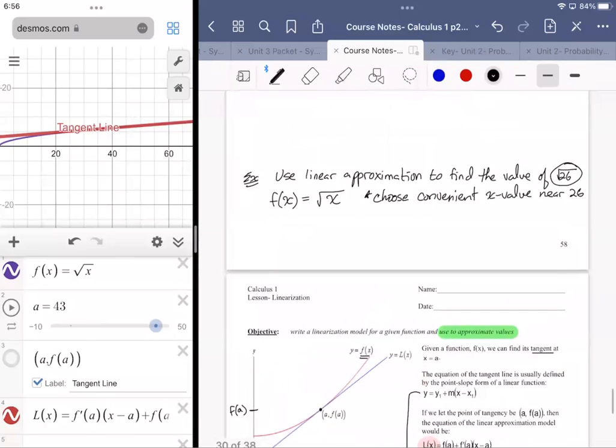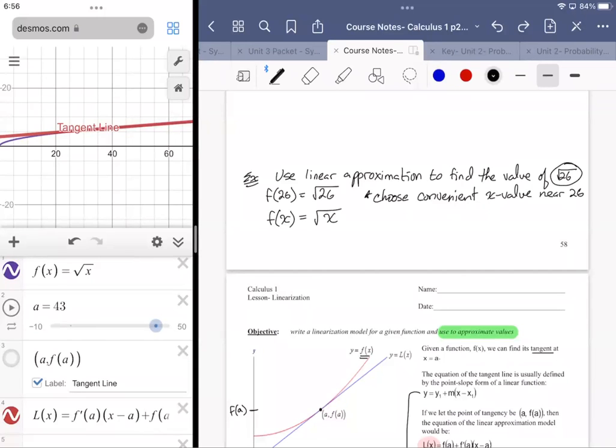So this was, I'll even pull it back a step, f of 26 is equal to radical 26. But that got us nowhere. We don't know that, right? I mean, a calculator does, but we're pretending that we don't have calculators for some reason, even though I'm using a calculator to demonstrate all this.